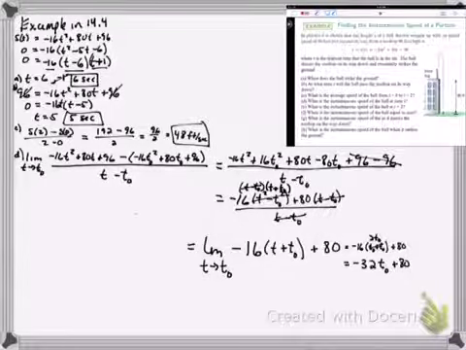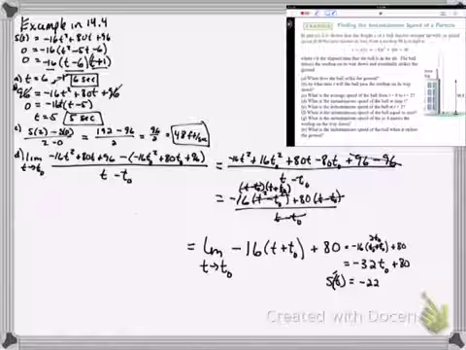Alright, so I know this doesn't look exactly like it does in the book, but it's the same equation, so we can still use that. And if we want the s prime, because remember this is the derivative, that'll be the negative 32t plus 80.